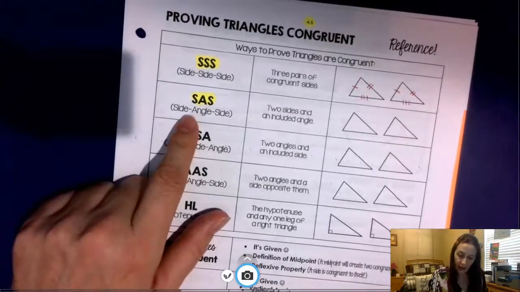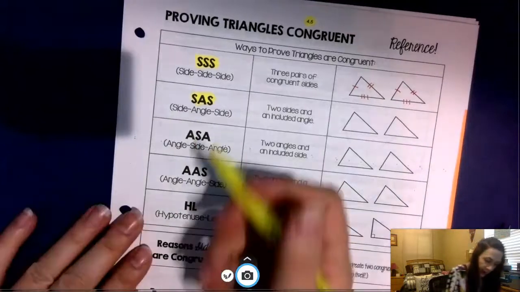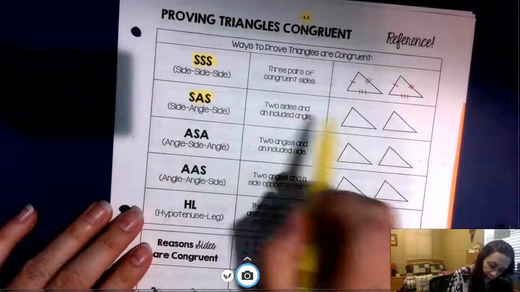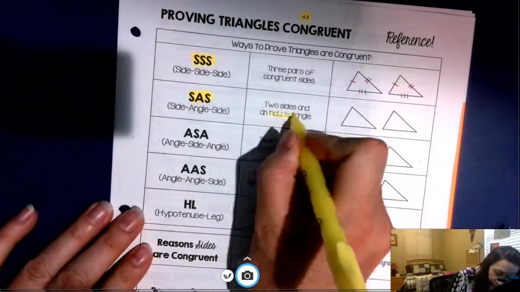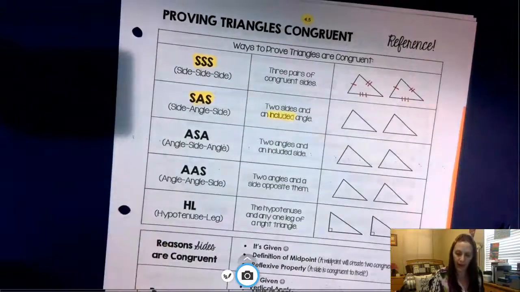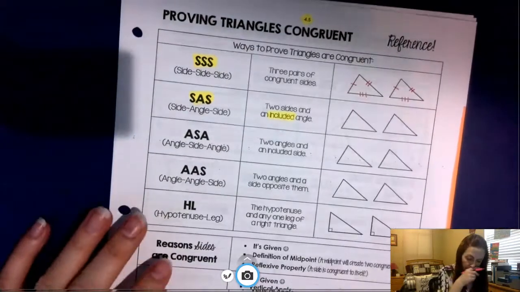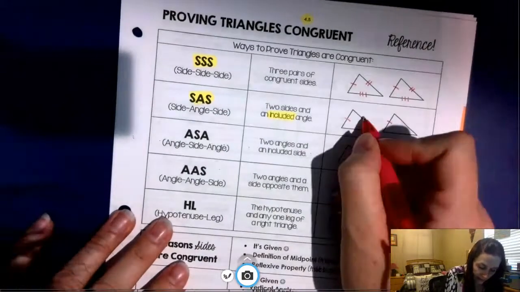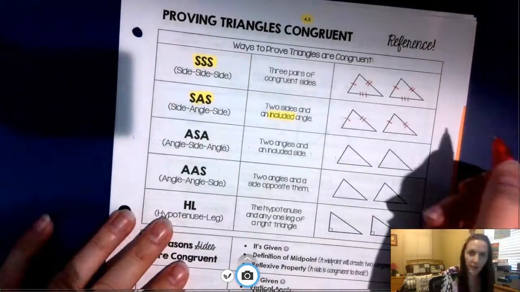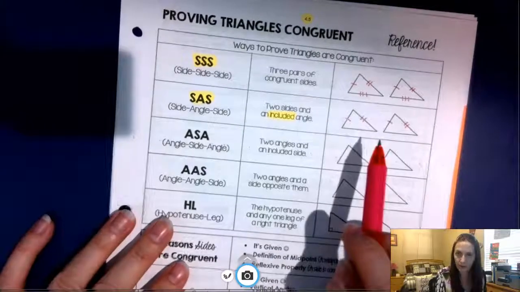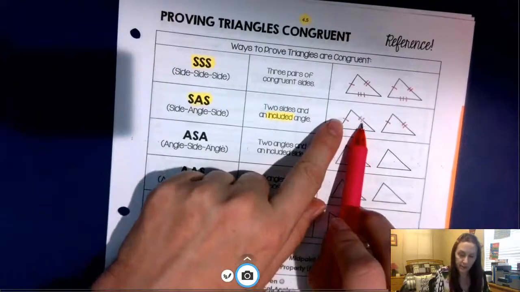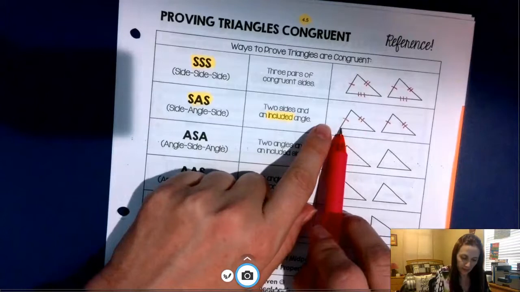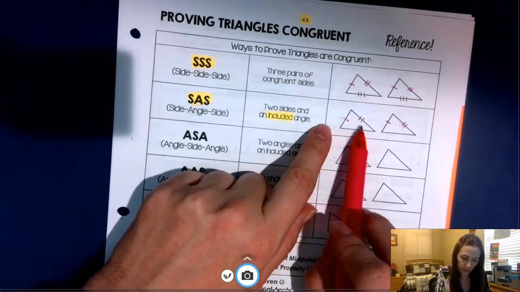Now I could have a side, angle, side. This one is 2 sides and the included angle, meaning the angle between the 2 sides. So let's say that this side was congruent to this side, and this side is congruent to this side. Which angle is between the 2 sides here? Is it this angle, or this angle?